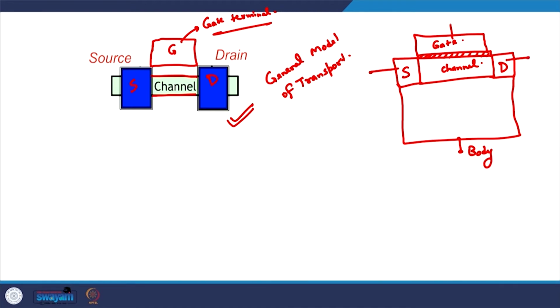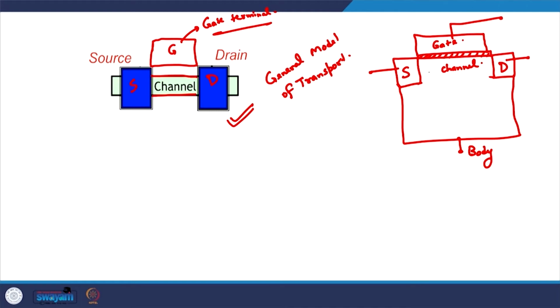In order to understand the essential physics of the MOSFETs, we will try to understand it from the three terminal point of view, and then finally we can account for the body contact as well. So, this is how a MOSFET typically looks.